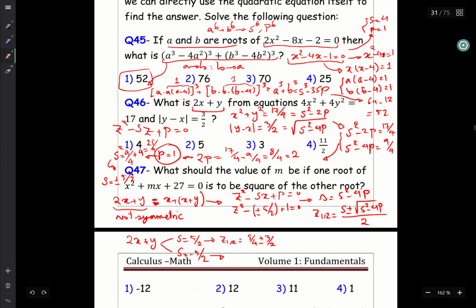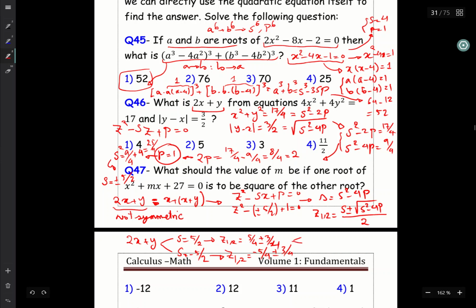If s is minus 5 over 2, the two roots are minus 5 over 4 plus minus 3 over 4, right?